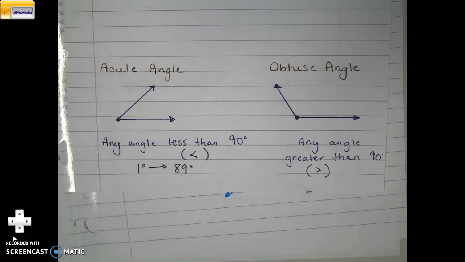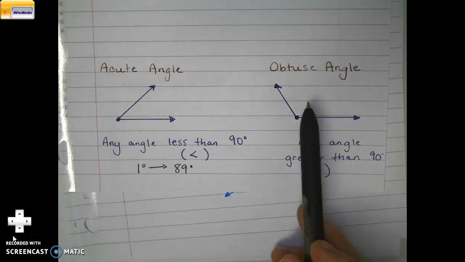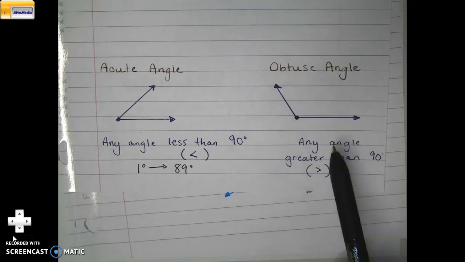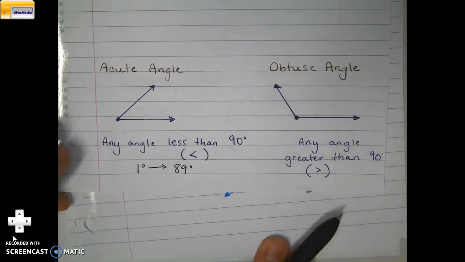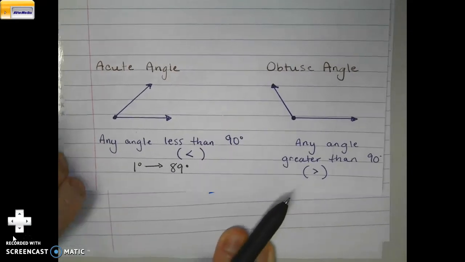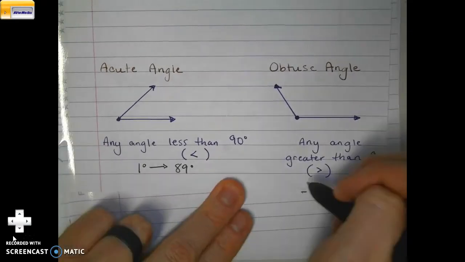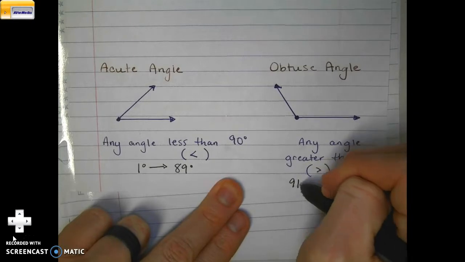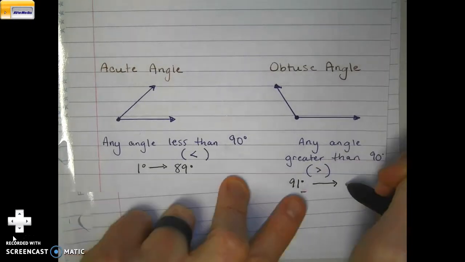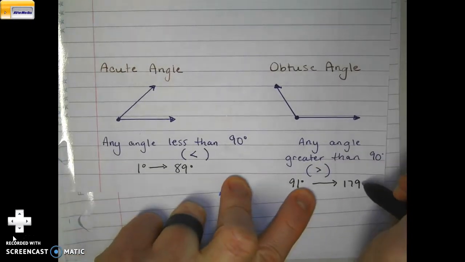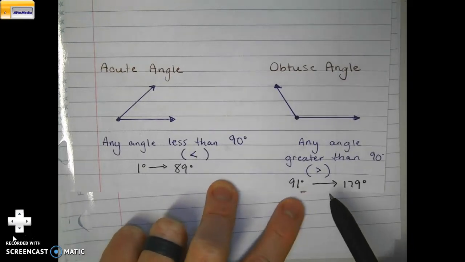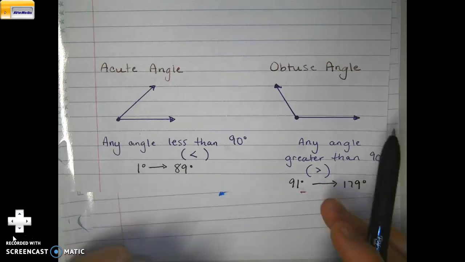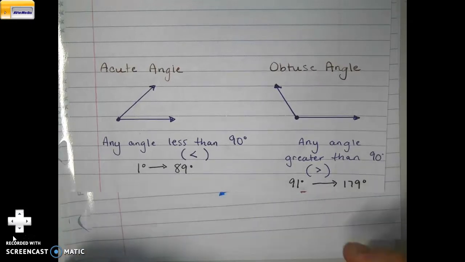If an angle measures 1 degree all the way to 89 degrees, it is considered an acute angle. Next you have an obtuse angle, and that is any angle greater than 90 degrees, 91 degrees all the way to 179 degrees. Because once you reach 179 degrees, the next one is 180, and 180, like you just learned, is a straight angle.